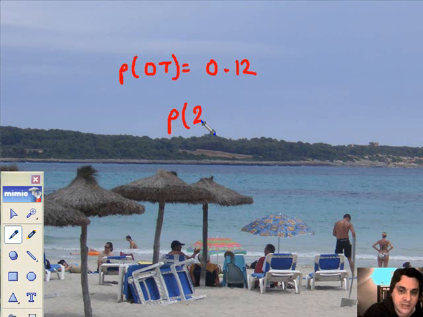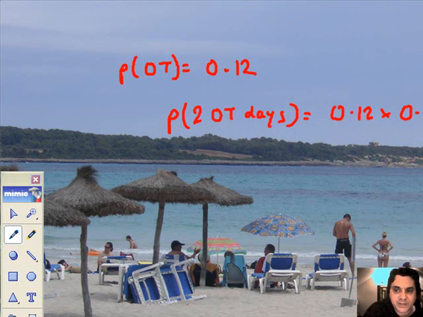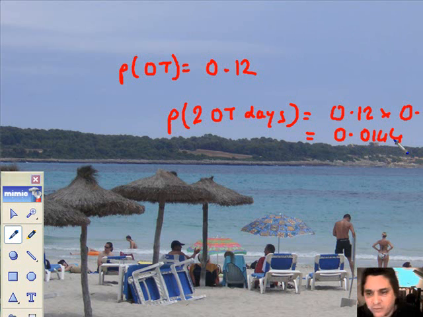Okay, the probability of 2 overtime days is going to be 0.12 followed by 0.12. I know 12 squared is 144, so 0.0144.